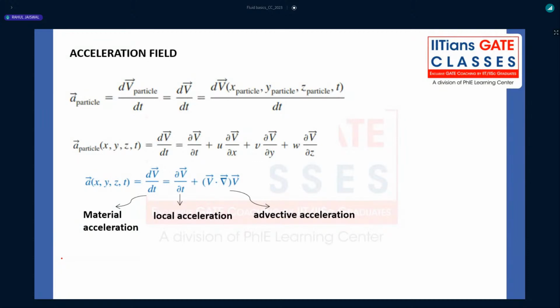We don't bother about where particle A was initially, where it is now, or what the position of the particle is at some point of time. We are just taking one camera and focusing our attention on a particular position. That's it.